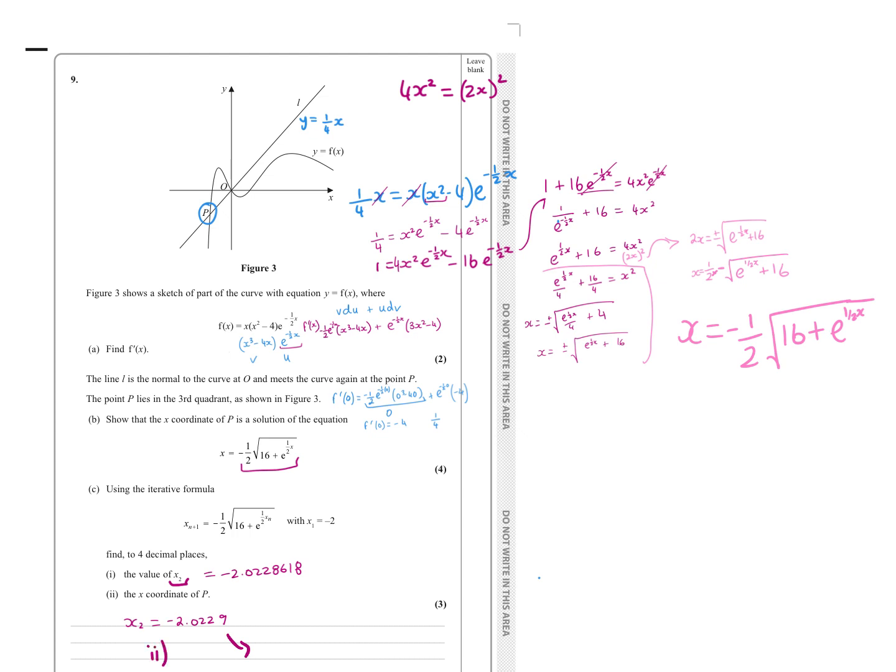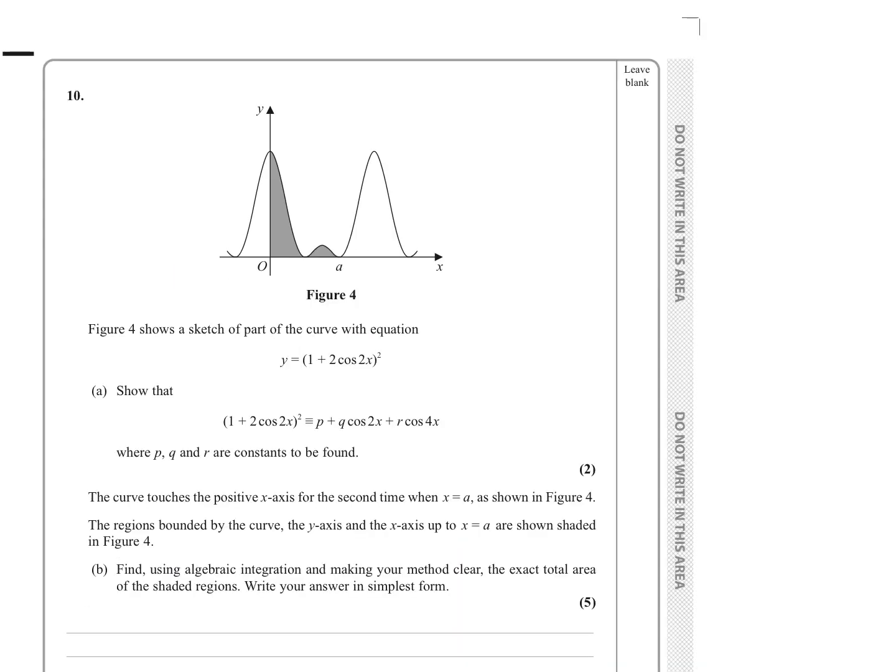So for II, we're going to have minus 2.02260628. Perfect. 4 decimal places, miss. It just wants it to 4 decimal places. So minus 2.0226. And we know we're right as well because our x coordinate should be minus 2 because it's in this quadrant.